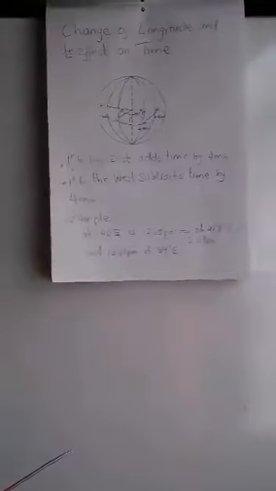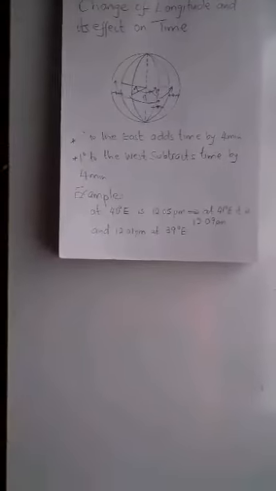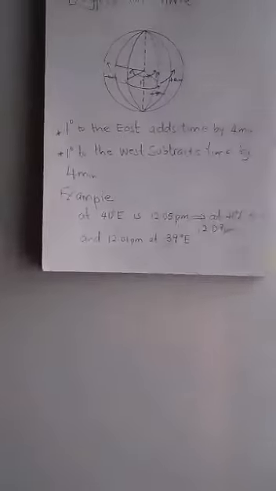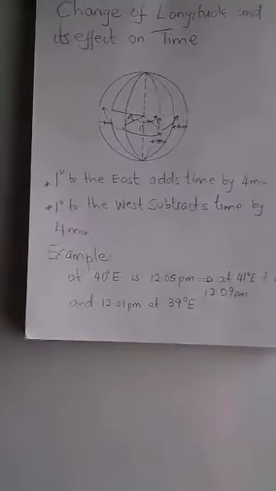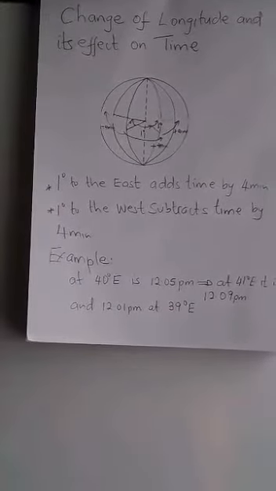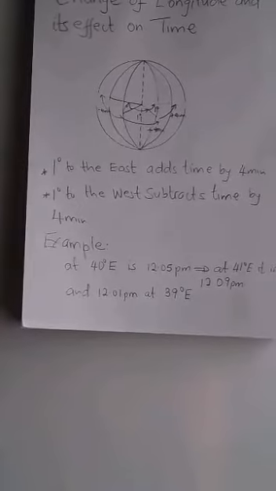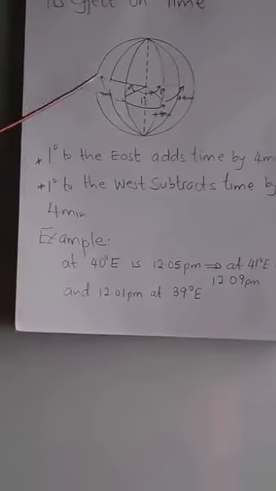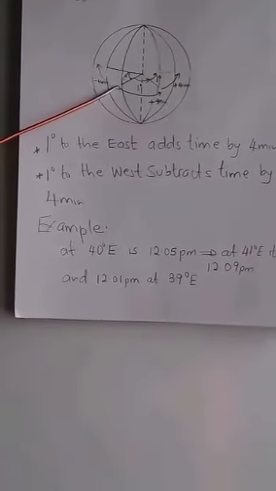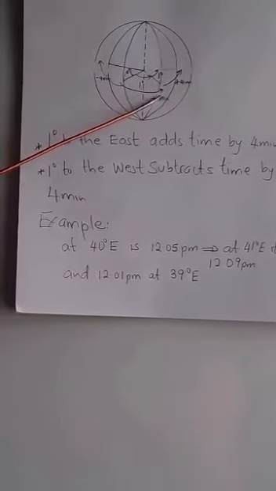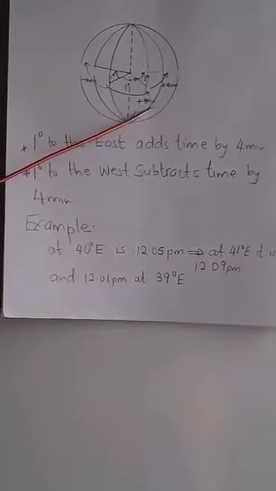All right, going back, we look at what we call change of longitude and its effect on time. What that means is that when you move to the west, you lose time. When you go to the east, you gain time. For example, in this diagram, it's shown that any 1 degree moved to the east, 4 minutes is gained.